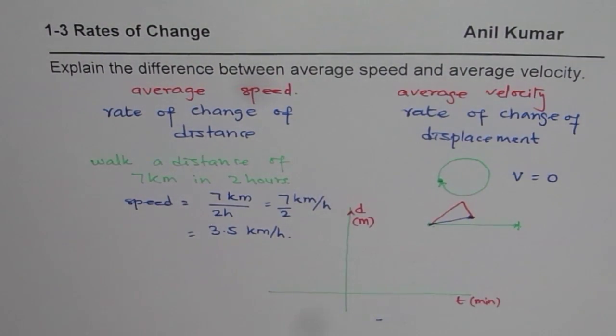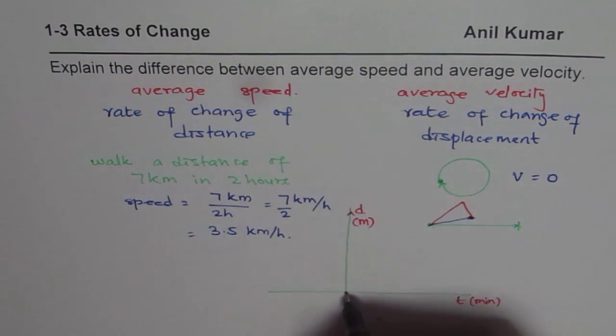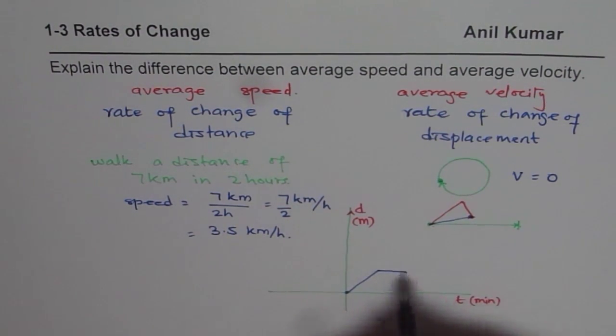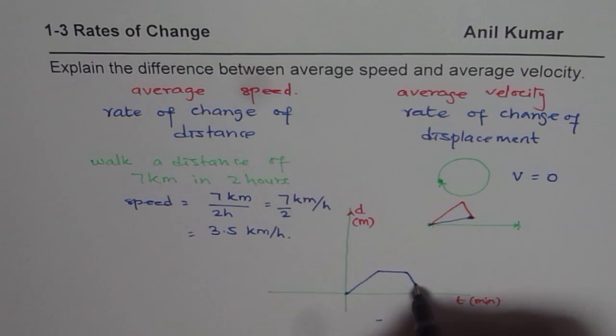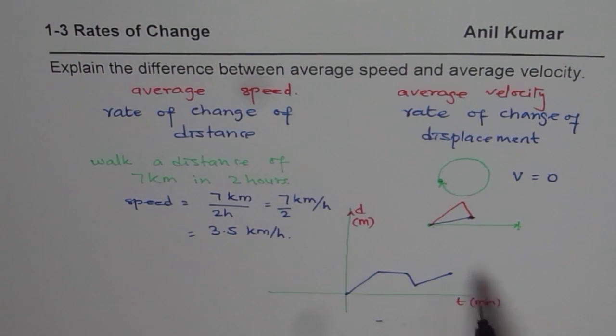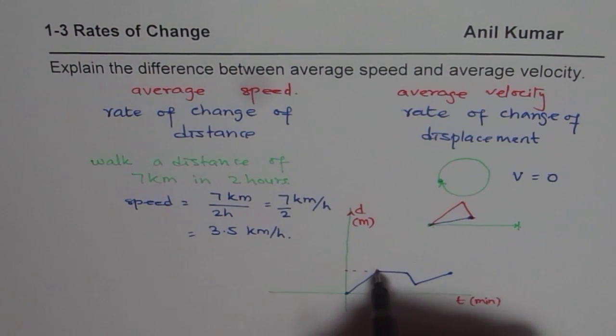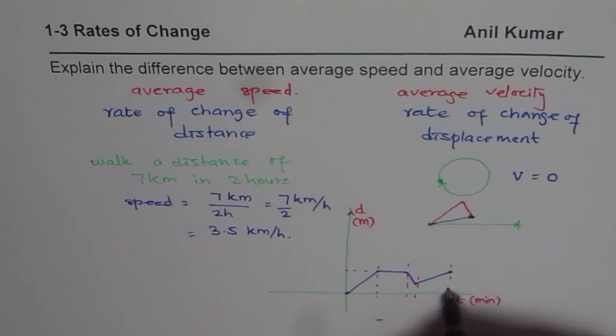So let us say you start from your home, travel towards the school, stop for some time, and then return back to get something, and then go back to the path and reach the school. In this case, what is going to be your average speed and average velocity at different instances of time? You can calculate that.